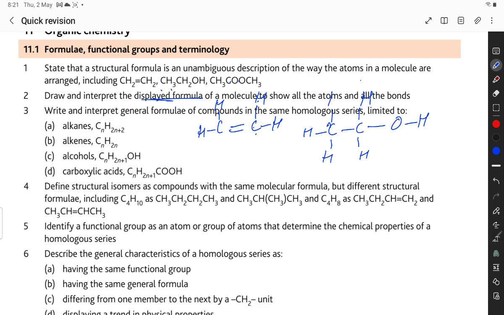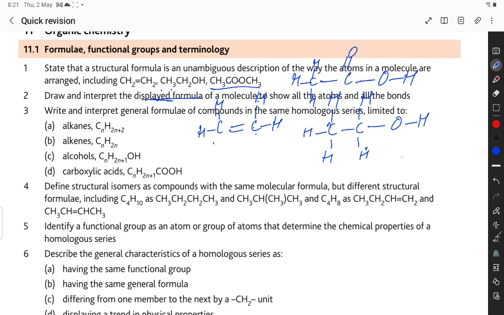So just draw like this, and ethanoic acid like this, with H, H, C double bond O. This is a carboxylic acid. This is ethanol, an alcohol.